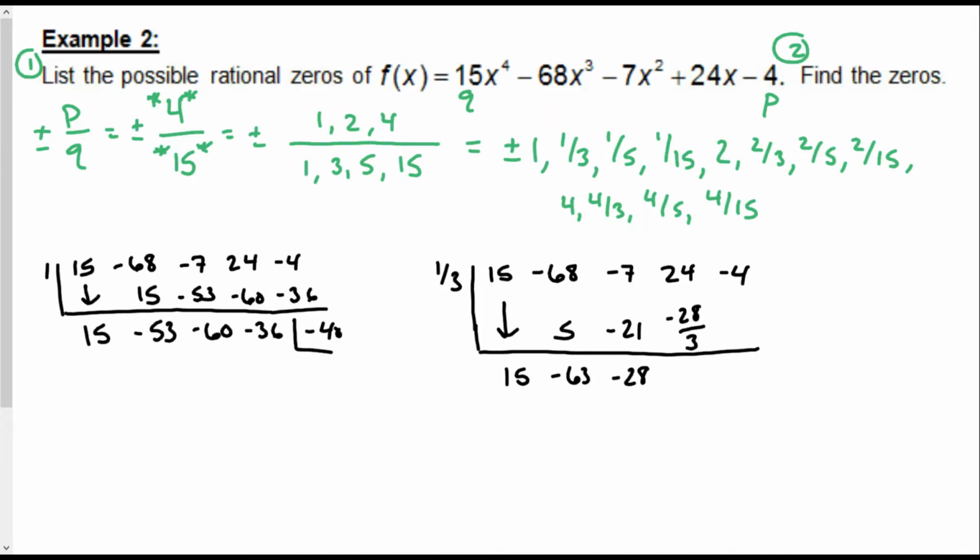That's not pretty, but maybe I could go and use a calculator for this part. So if I did 24 minus, and then in parentheses, negative 28 divided by 3, I get 33 1/3, which written as a fraction is really 100/3.